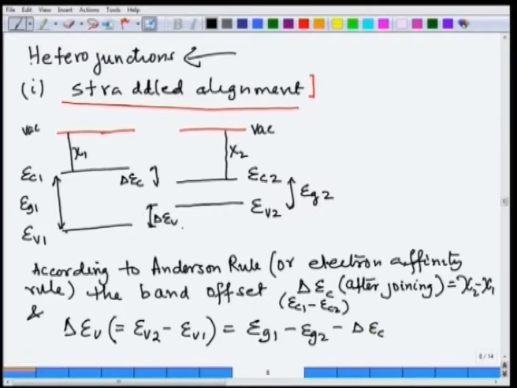And what is this value now? This value now, delta EV, is equal to EG1 minus EG2 minus delta EC. You subtract this amount and subtract this amount out of EG1, and you will get this. So that is what this quantity is, and the point is after joining also it remains the same. That is what this Anderson rule or electron affinity rule says.